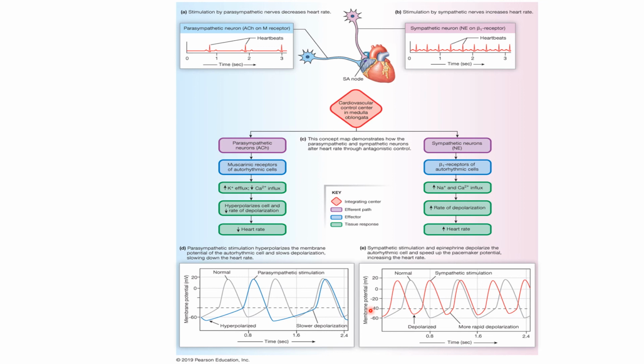How is that going to affect the action potential? You're going to reach threshold much, much faster because you are already starting at a less negative resting membrane potential. And so by increasing the rate of the action potential, you are going to increase the heart rate.